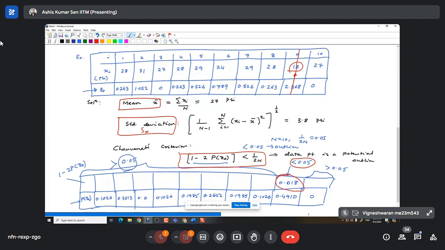Sir, I have a doubt. For the readings that we have, in the 28 to 31 range, only one reading was 18, right? Yes. And here we could identify the probable outlier as 18 because the data point is very small.